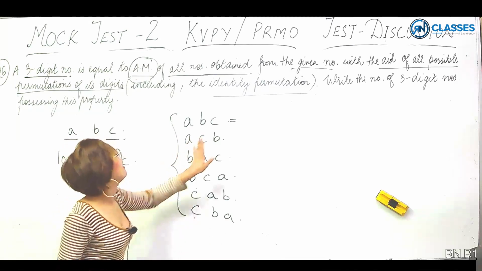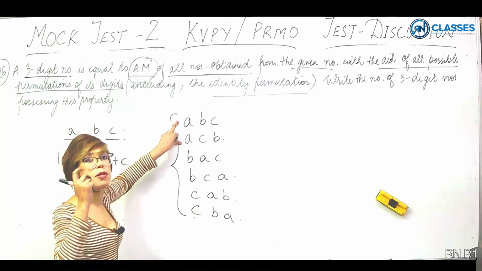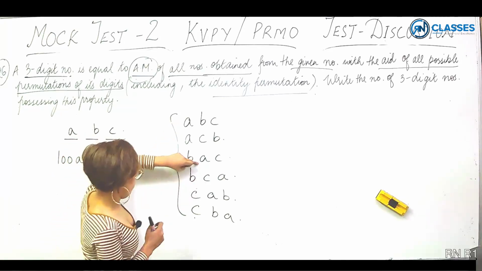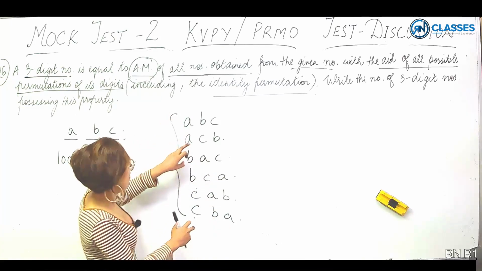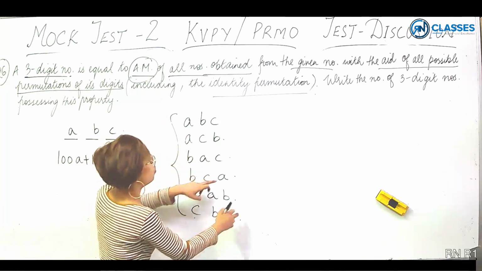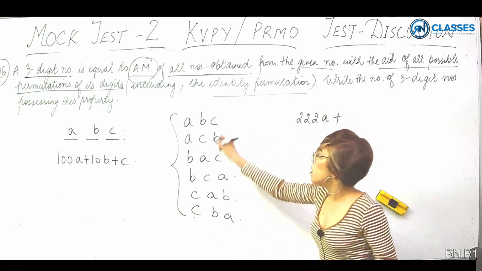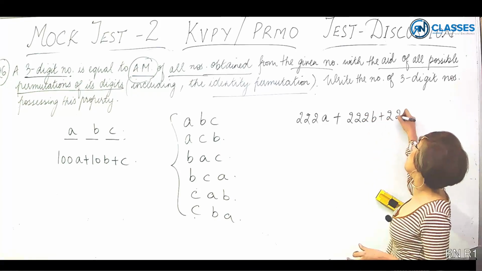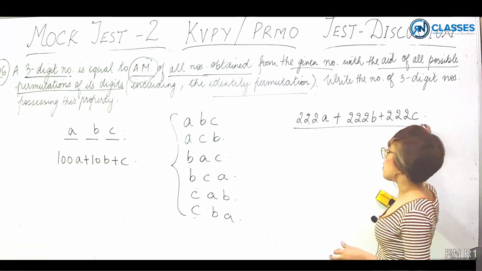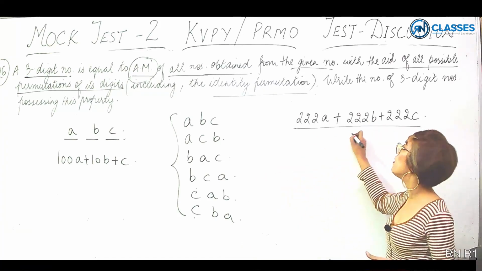So, now I have to add the numbers. You know here A is in the 100 place twice, 10th place twice, and unit place twice. So, 200 plus 20 plus 2. That is 222A. Plus, same will go with 222 with B plus 222 with C. Whole divided by, because I've added all the numbers, I need the arithmetic mean, so I'll divide by how many permutations are there, that is 6.